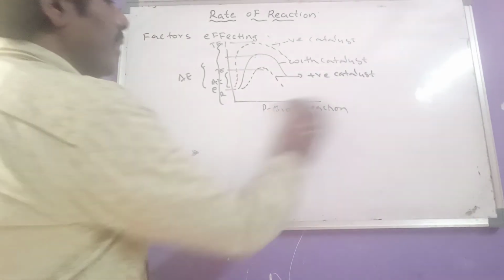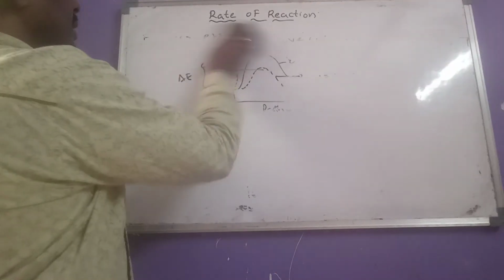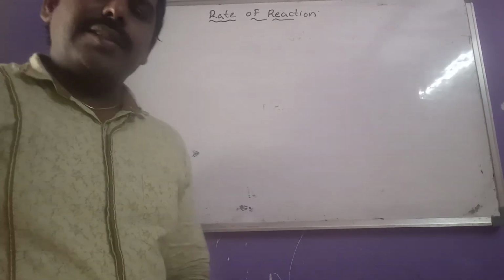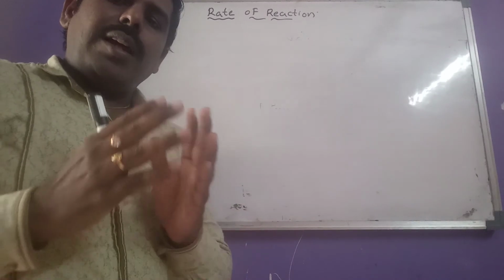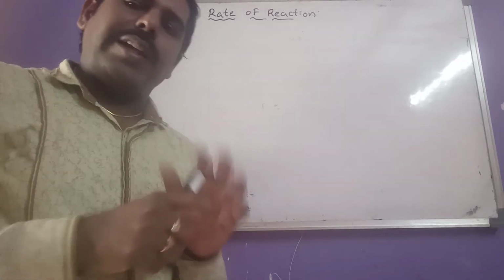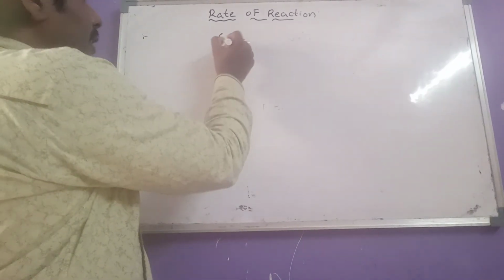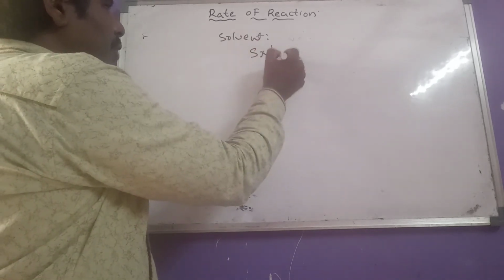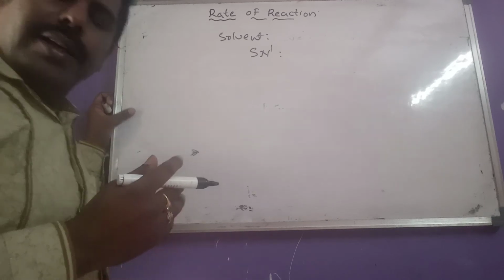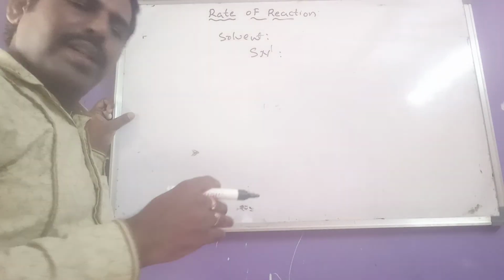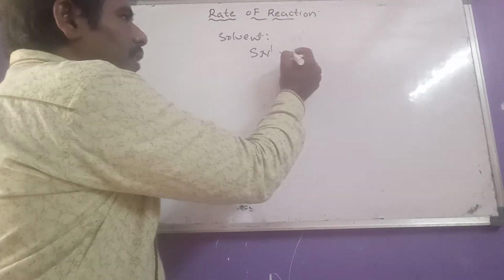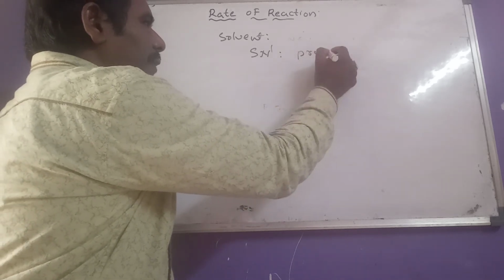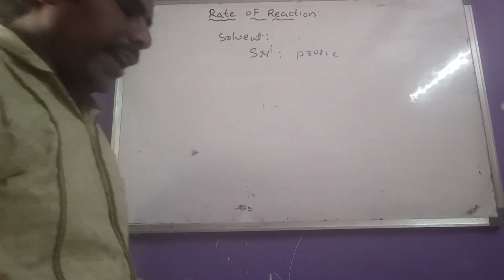So this is regarding effect of catalyst. And another one, effect of solvent. A solvent also has some effect on rate of reaction. What is the effect of solvent here? For example, SN1 reaction, unimolecular nucleophilic substitution reaction. For SN1 reaction, protic solvents favor the SN1 reaction.